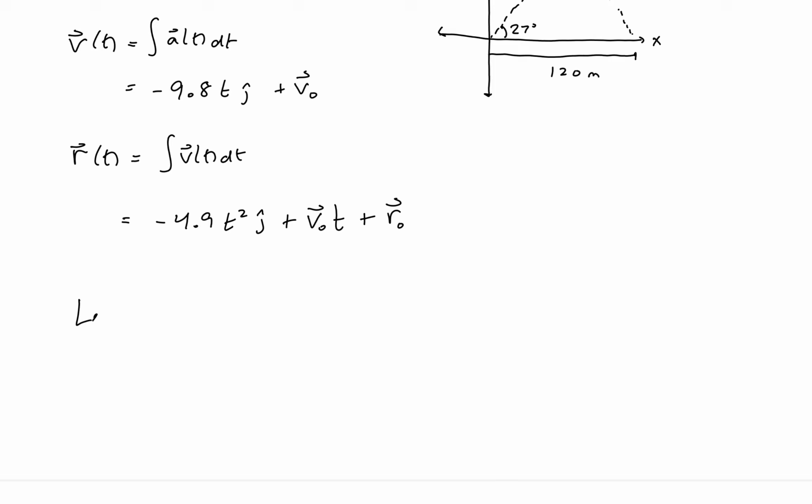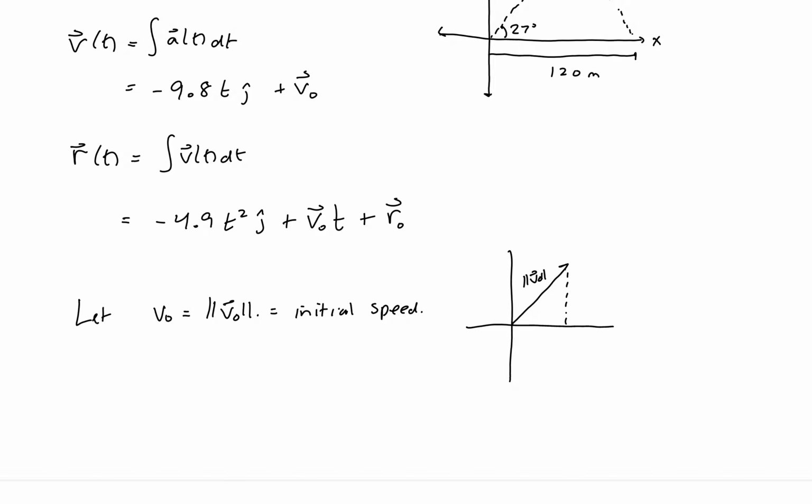So let's let v0 be the magnitude of the initial velocity. So this is also the initial speed. And let's think about what we have here. Our initial velocity is looking like this, and we have this angle of 27 degrees.